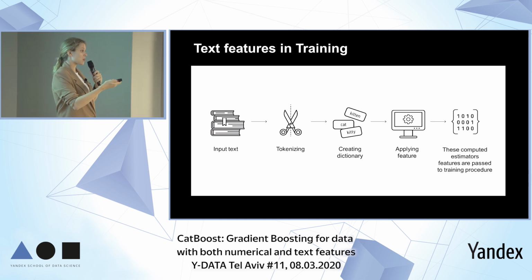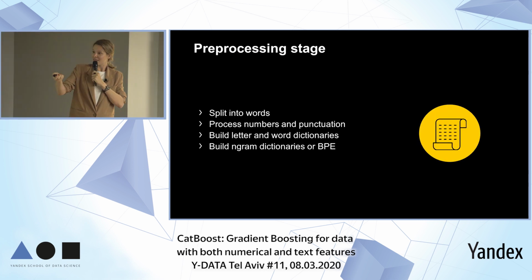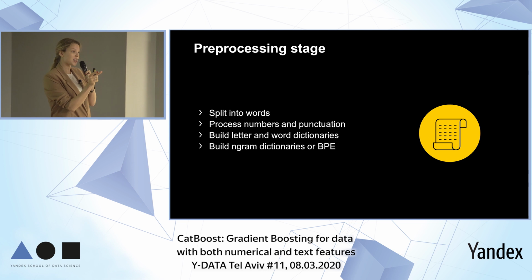And then you use these numerical features in decision trees the same way as you use all other numerical features. So, now a little bit more details. The first part is tokenization, where you are splitting your text. By default, you do it by space, but you can choose any symbol to split it.